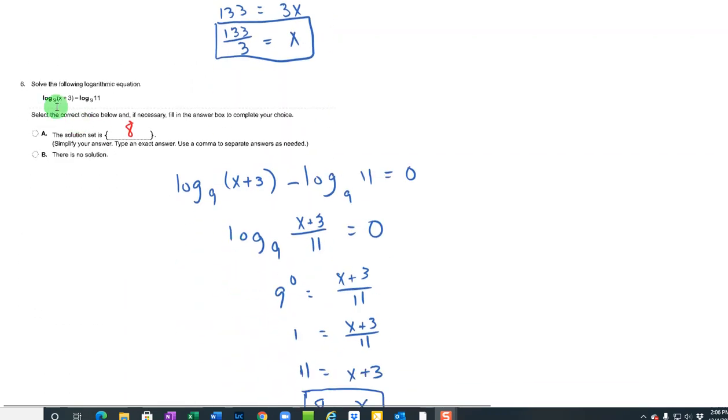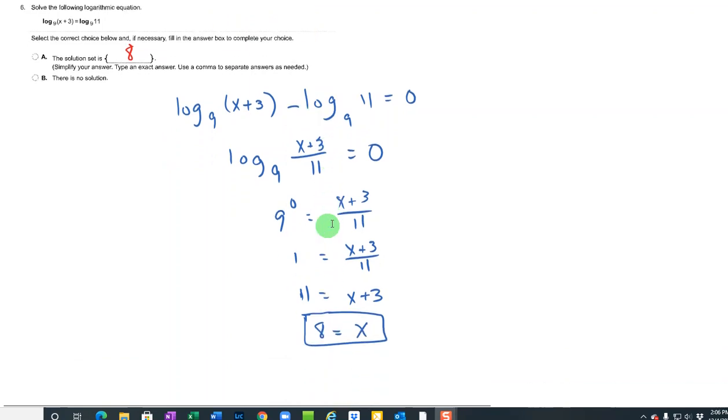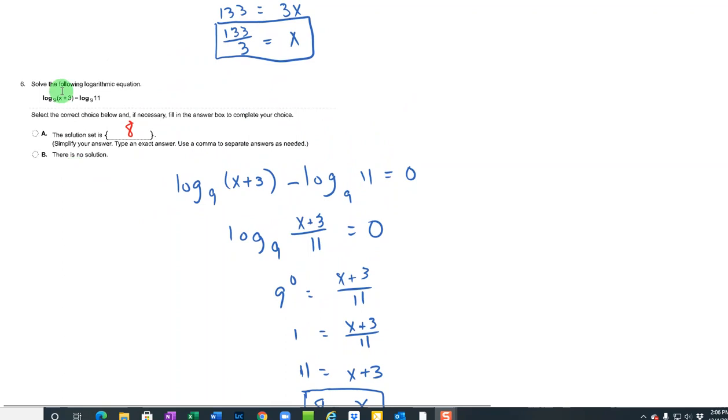Here we have 2 log expressions, same base, so we can drop them. I've worked it out a long way, but you know, as we said, you can drop that and you could have x plus 3 equals 11. If you did it the long way, that's where we subtracted one of the logs and then we have it equal to 0, and then we turn it into a log exponential expression.